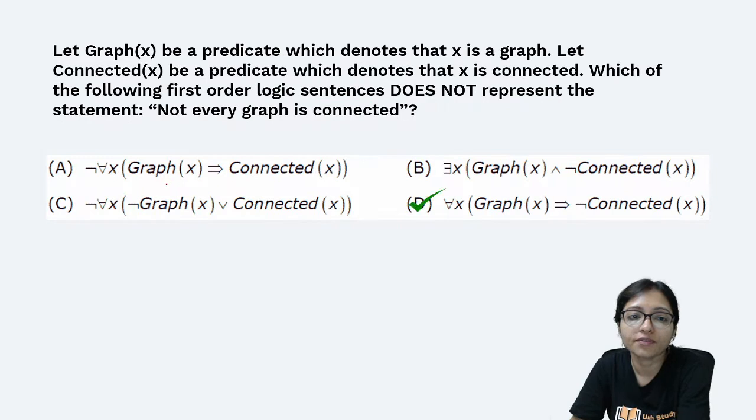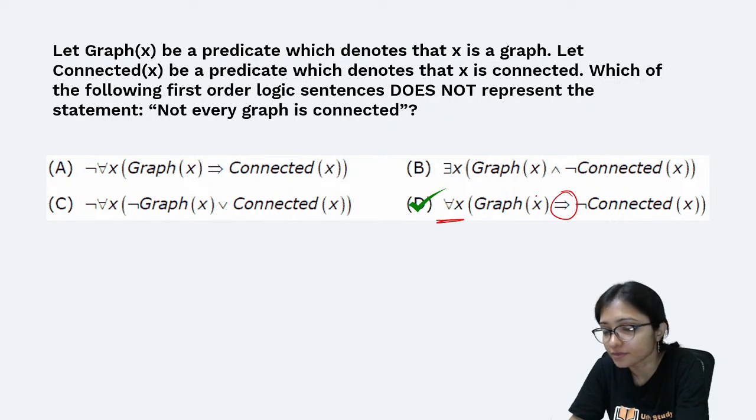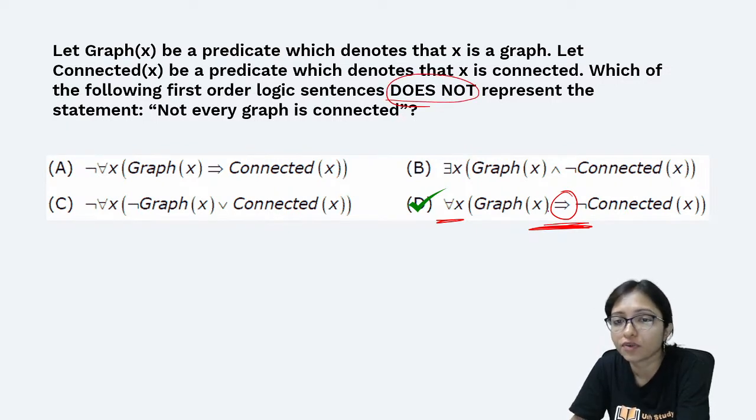Here also, whenever we use for all, with the for all you use implication, not "and", right? Here it is wrong, because it was asking which does not hold. It is wrong here because the meaning is for all x.